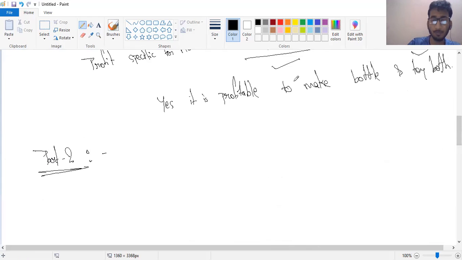Specify the reason. So if I am getting an order of 4 lakh bottles instead of 3 lakh, should I go ahead with the toy or not.